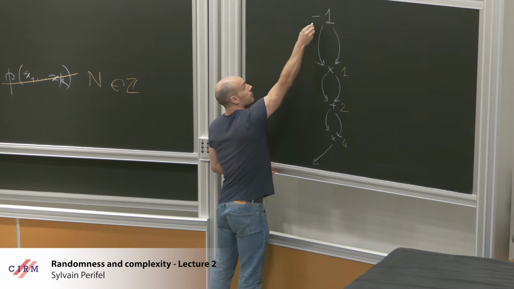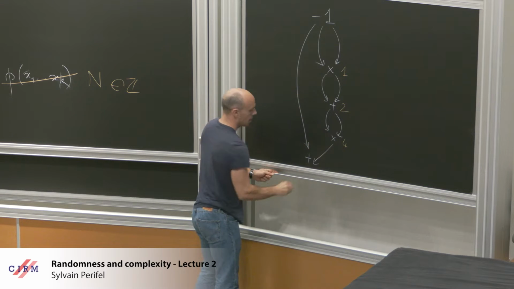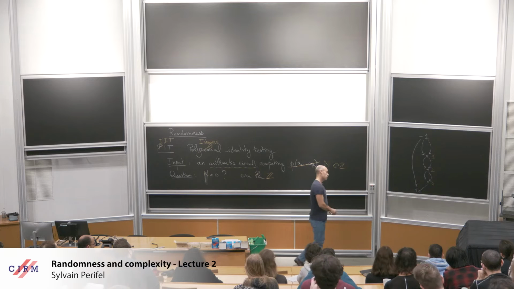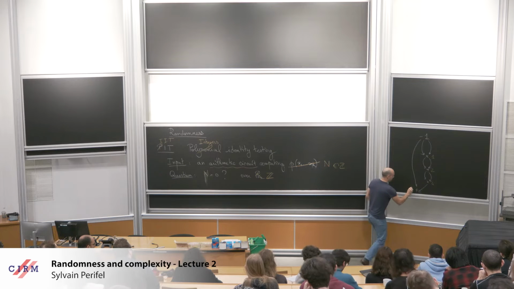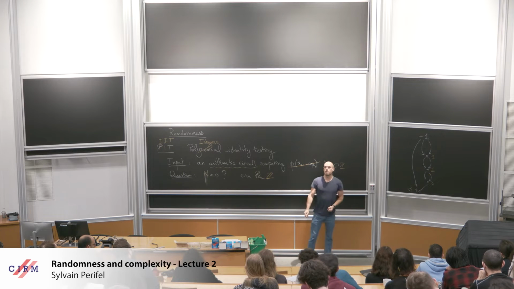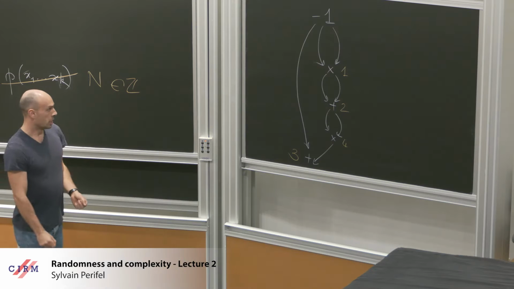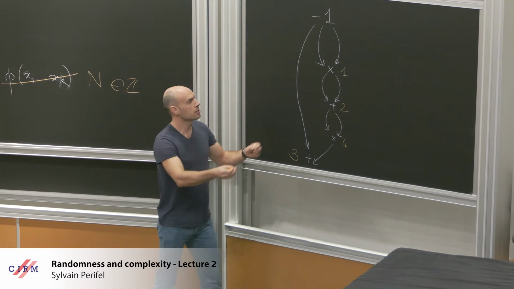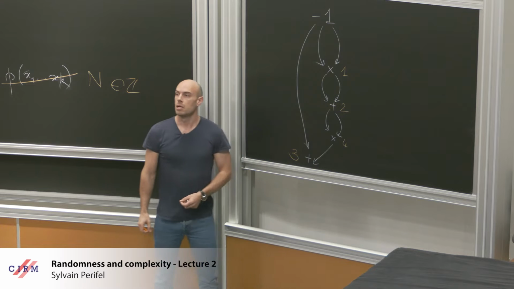And then you can do this if you want, and here you obtain a circuit that computes the integer 3. Is that clear for everyone? Okay. So you start from -1 and you have a series of multiplications and additions and you obtain an integer.